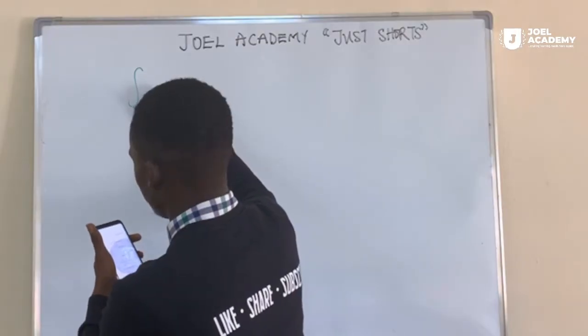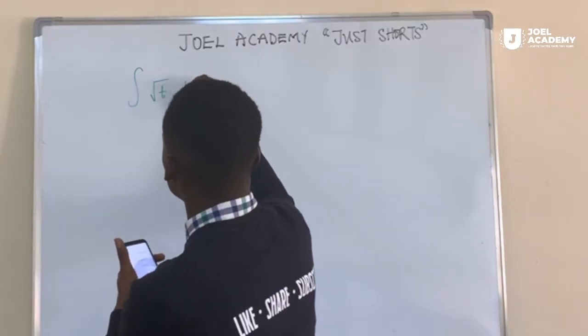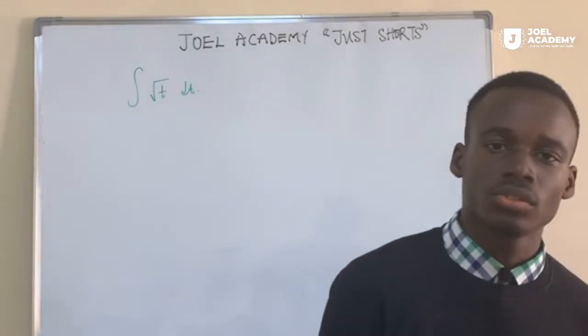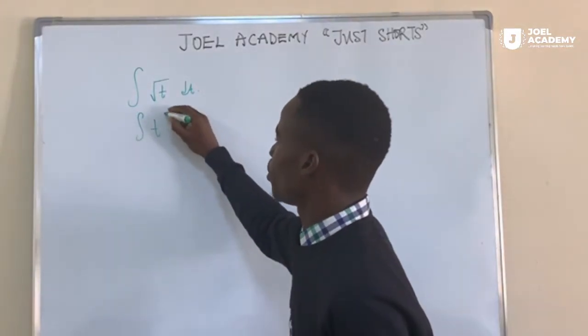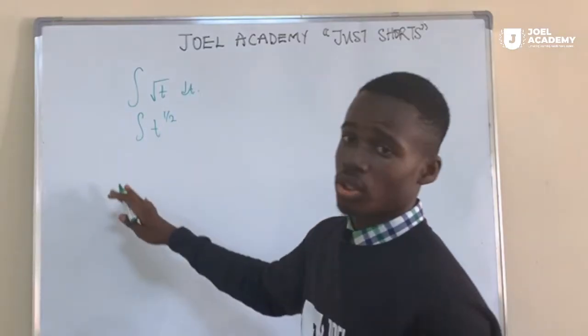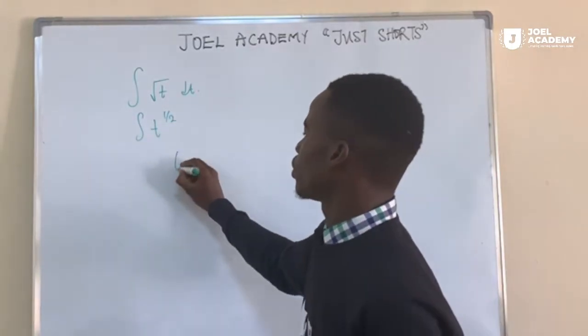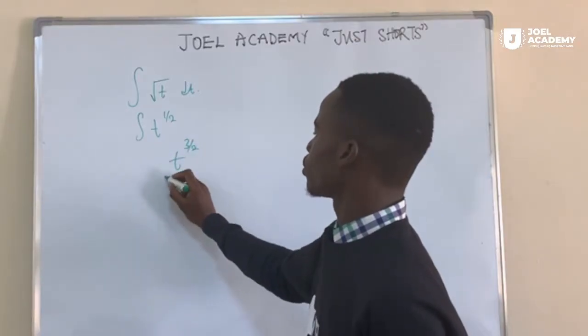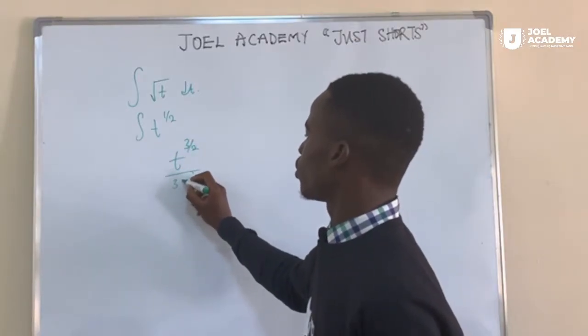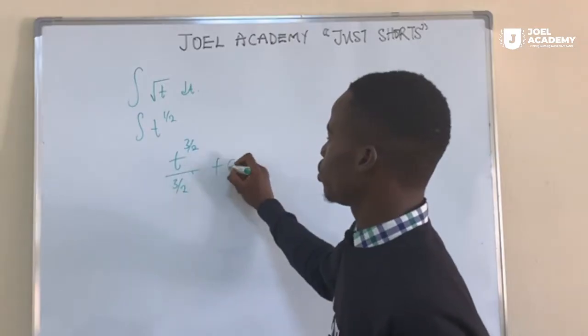You have the integral of root t dt. Now, how do we solve this? If you have square root of something, it is rewritten as t raised to power what? 1 over 2. So what you just need to do is add 1 to this. You have t, add 1 to 1 over 2, it gives you 3 over 2, over 3 over 2, plus c. This becomes your answer.